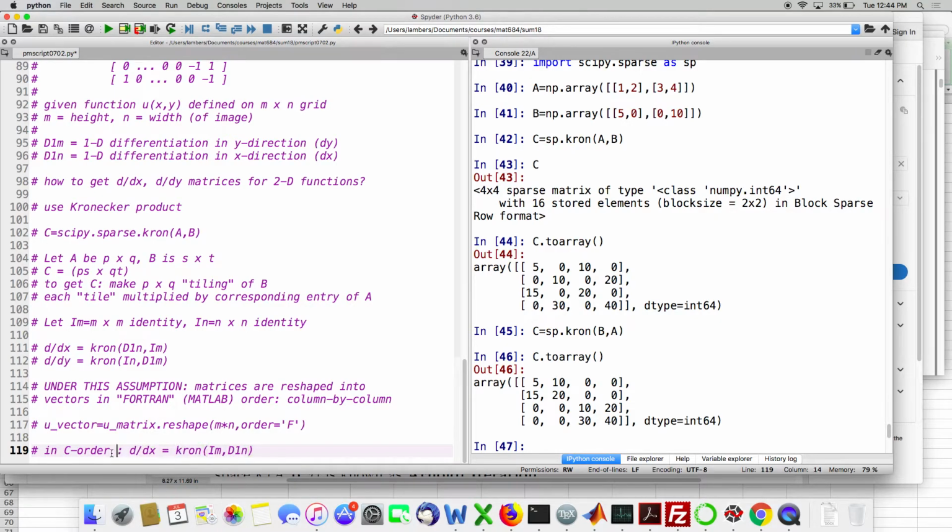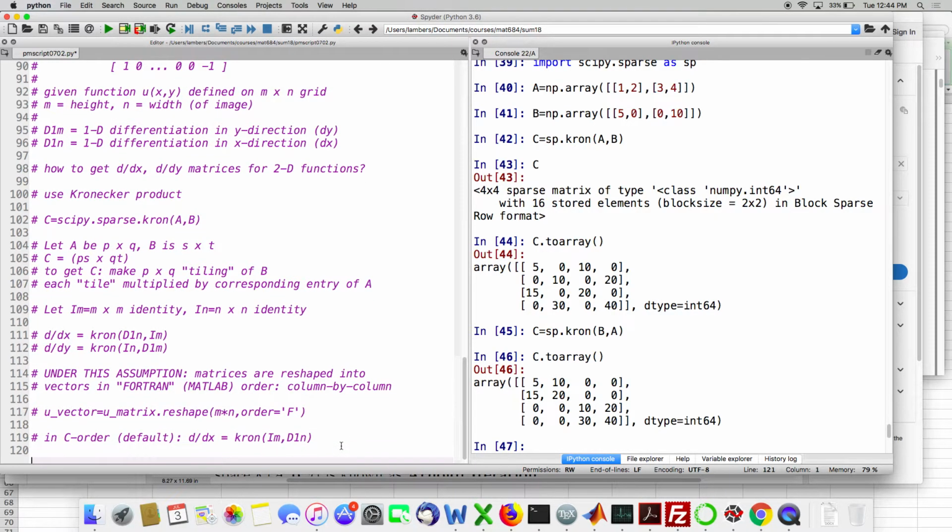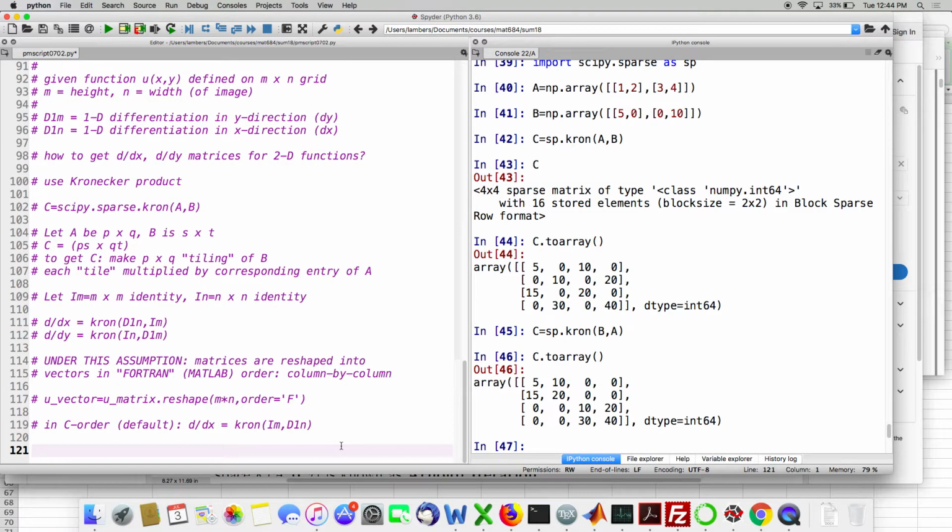That's the default for Python, whereas Fortran order is the default for MATLAB. So keep it in mind if you ever have to convert MATLAB code to Python code, that there's a difference in storage. What I've given here, I've done it both ways, and this is from memory.